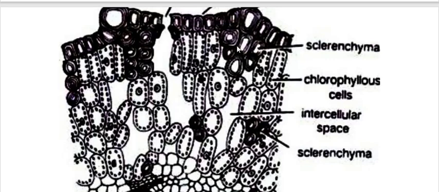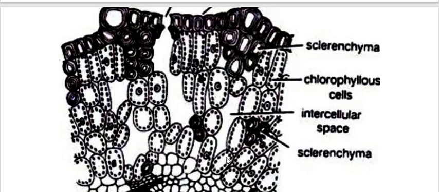Below the hypodermis and epidermis is the cortex region, and this cortex is differentiated into two regions. The outer zone consists of elongated palisade-like cells which contain chloroplasts.